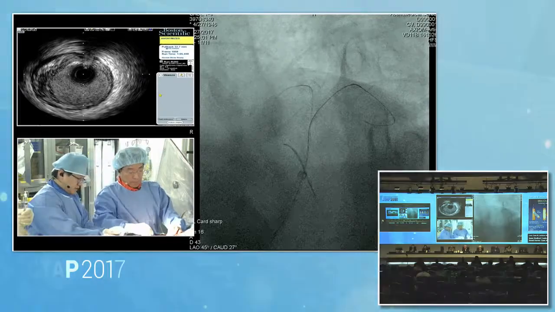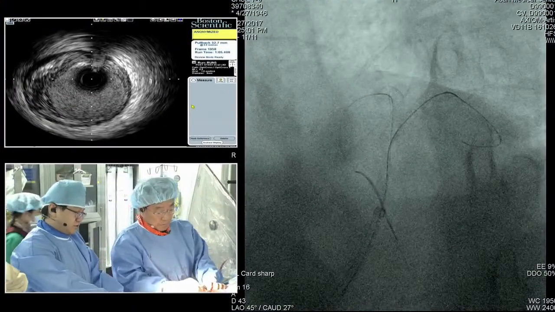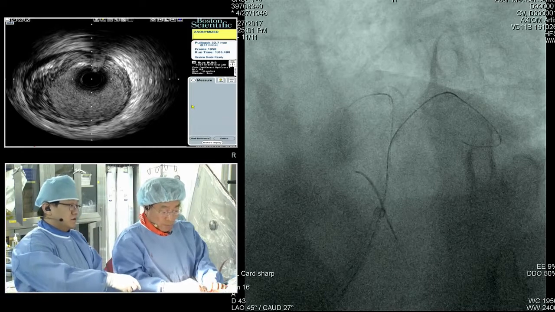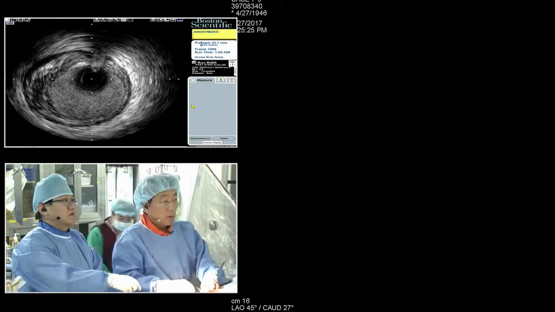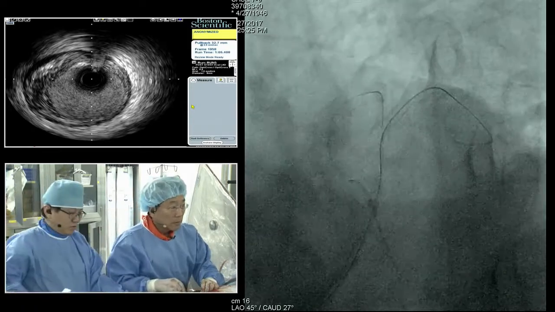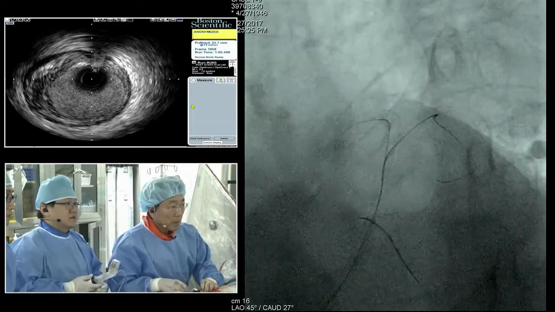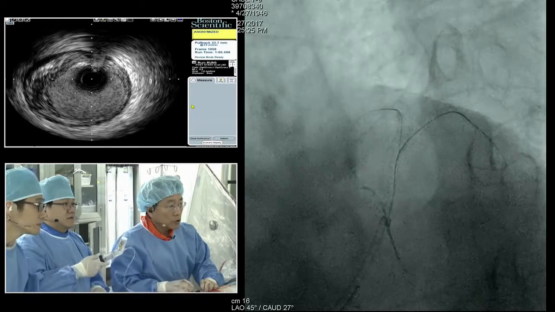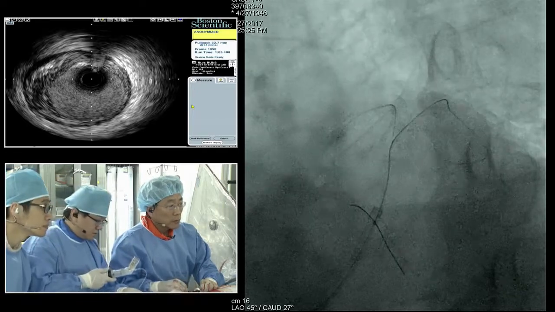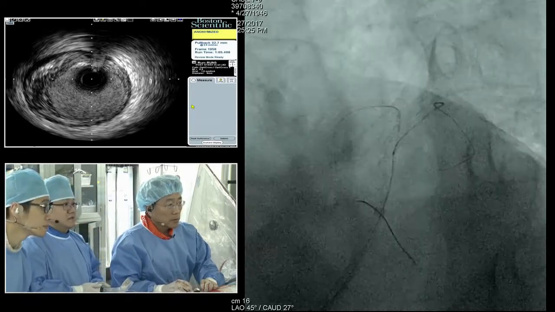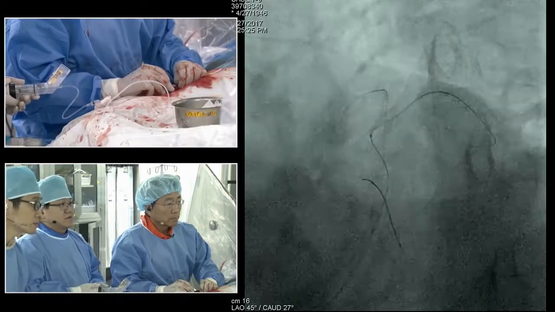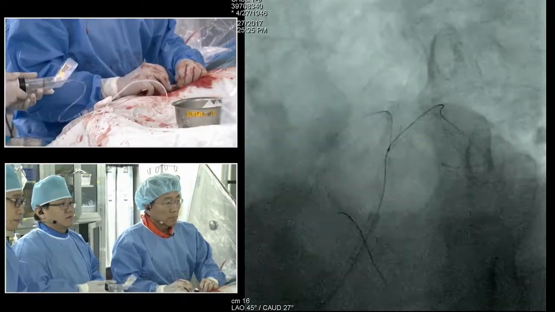This is 1.25? Yes, 1.2. Okay, this is the smallest one. No, 1.0 is the smallest one. Okay, I don't want to push too much. So I want to see what's happening. Central duct.